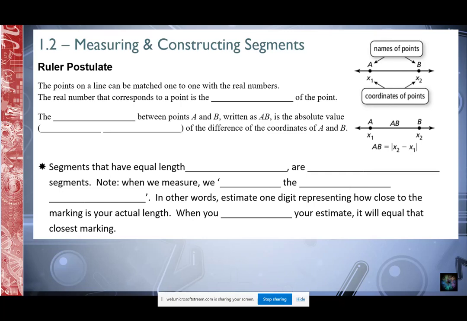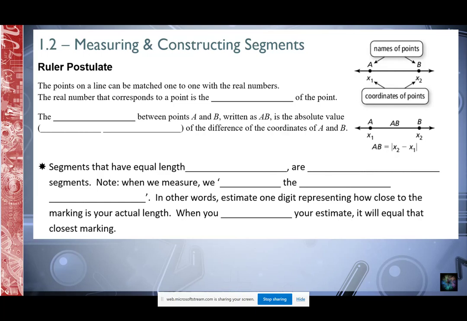So the points on a line can be matched 1-to-1 with real numbers. Now keep in mind, real numbers are not just integers. There's infinitely many real numbers at any point, right? Just like lines are made up of infinitely many points, there's infinitely many real numbers.